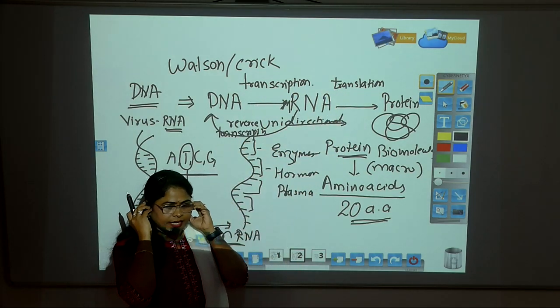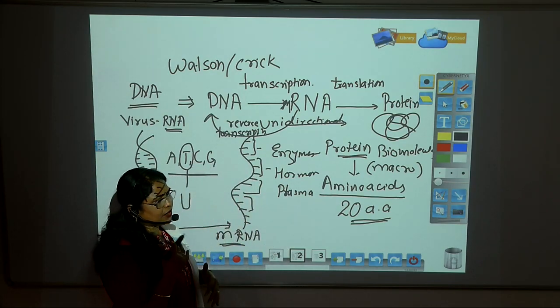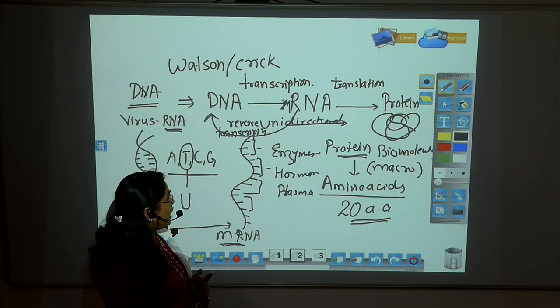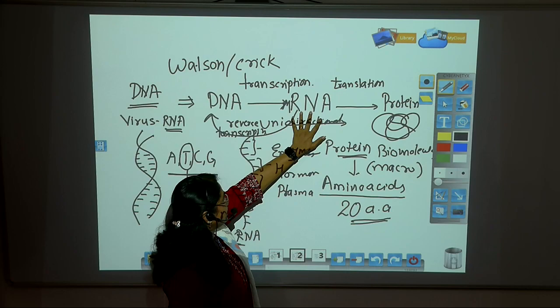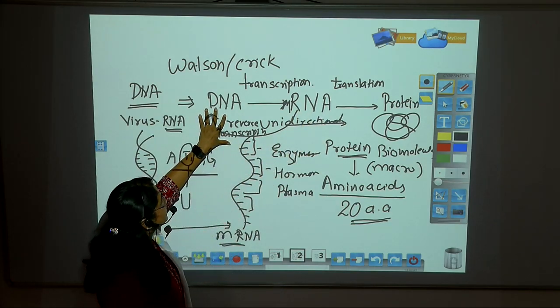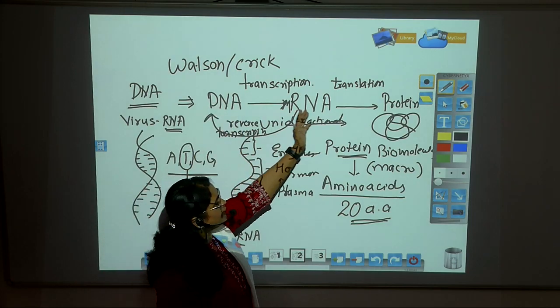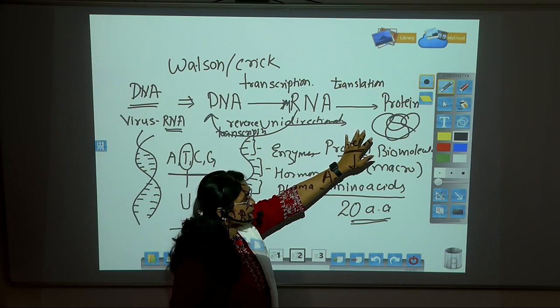So when a virus infects any host, the virus has to make its own proteins. The genetic material of the virus, which is RNA, will be reverse transcribed into DNA, and then the whole process will continue as DNA to messenger RNA and protein.